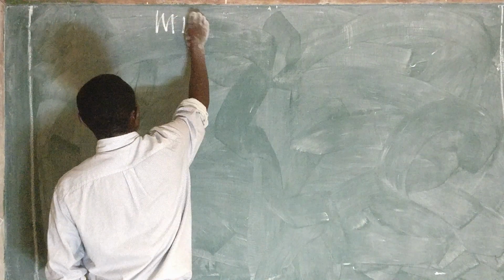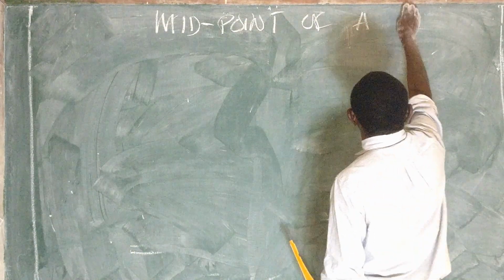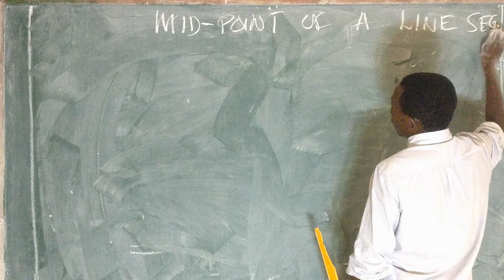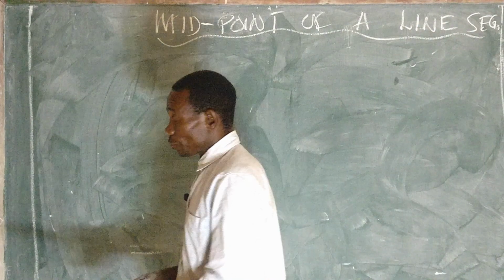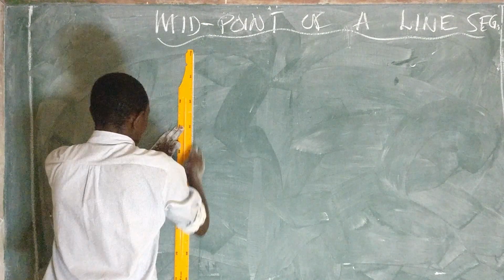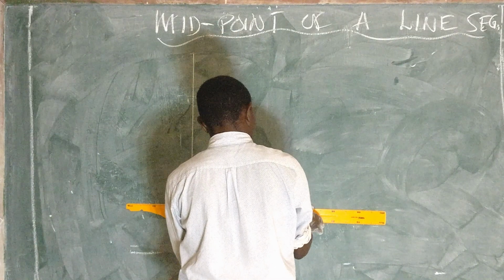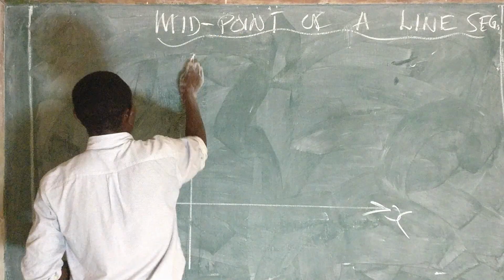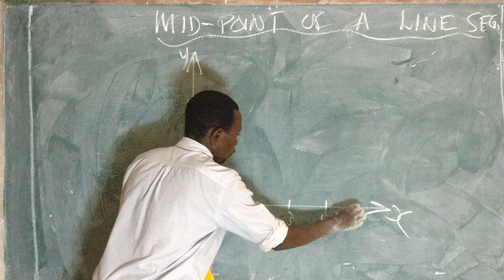So, midpoint of a line segment. If I can have the Cartesian plane like this one, that is my Cartesian plane, xy, and have my scale here, 1, 2, 3, 4, 5.